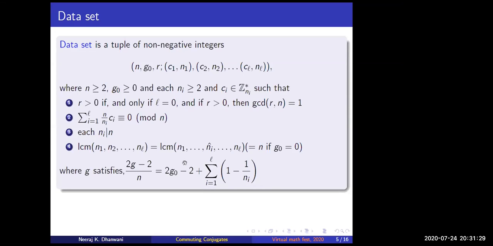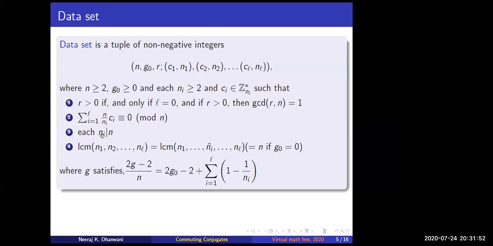The last condition is a Riemann-Hurwitz condition, which is just a generalization of the Euler characteristic in the case of the orbifold. If you remove all the cone points, then this is precisely the Euler characteristic for an n-order cover, an n-sheeted cover. Condition 4 is about the generator condition: the map is onto.